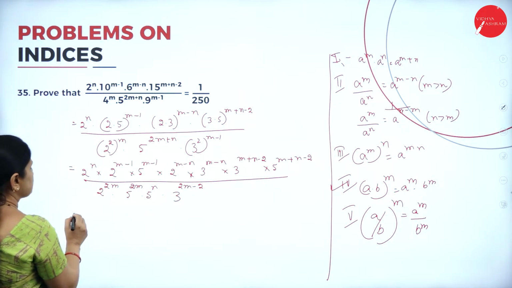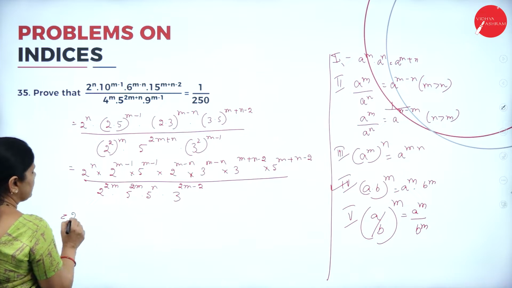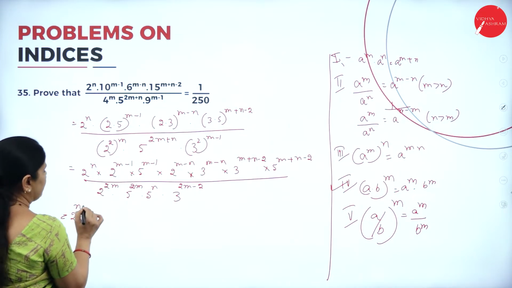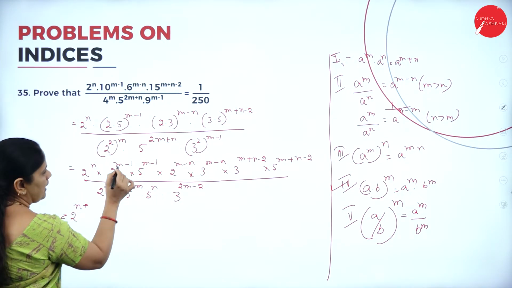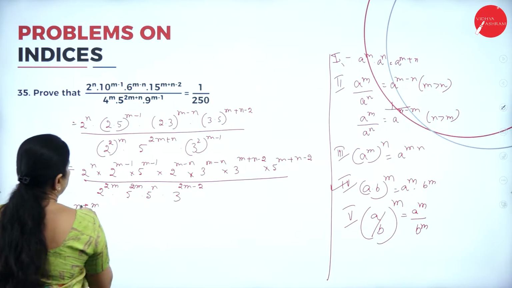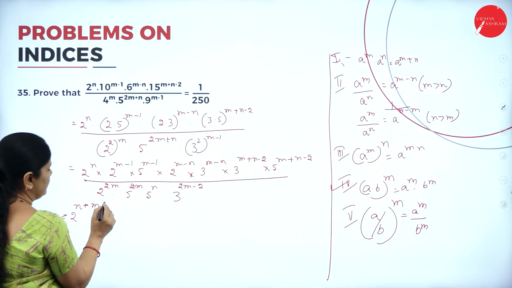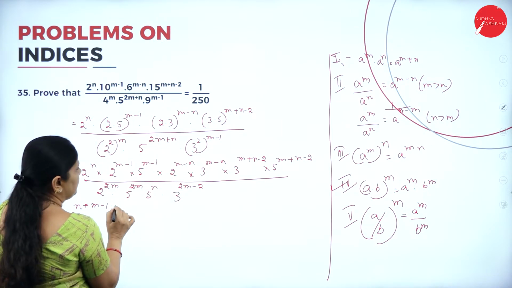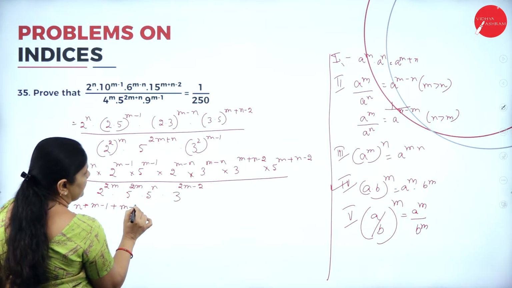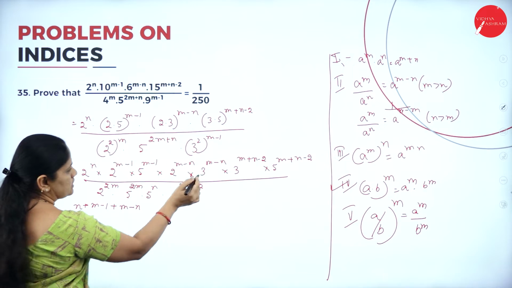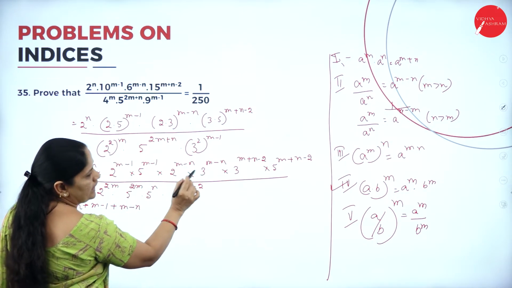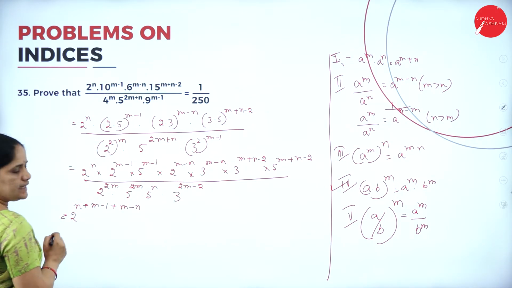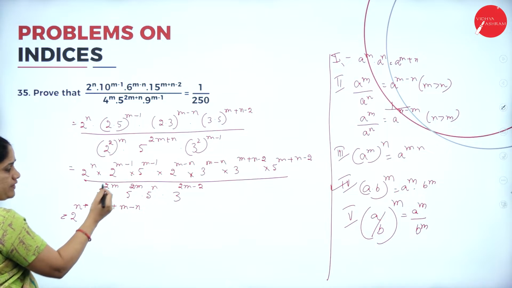So, in the next step, what I am writing is 2 to the power of n plus, I will add this, 2 to the power of n plus m minus 1. Then next plus m minus n. So, the base 2, I have added all the powers. Then in the denominator, I am having 2 to the power of 2m.